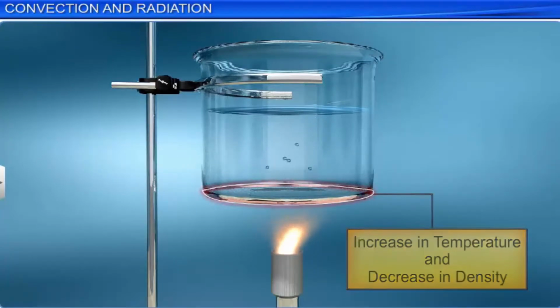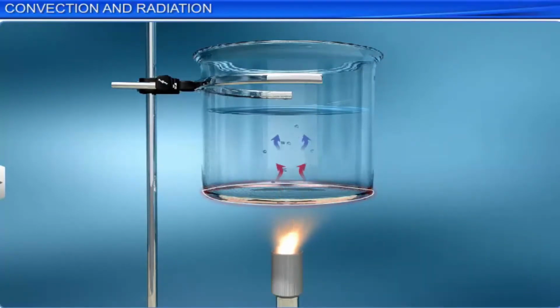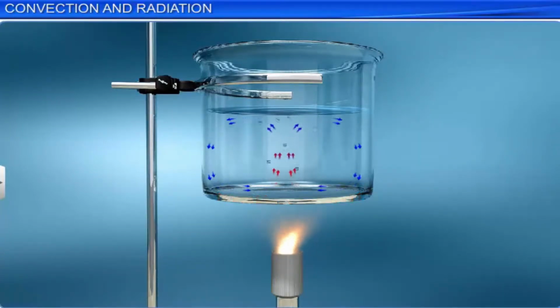This low-density warm water is lifted up towards the surface due to buoyancy, and the denser cold water moves down and comes into direct contact with the hot base of the container. Once again, the water in contact with the base becomes hot and is replaced by a colder part of the water in the container. This way, all the water gets heated.